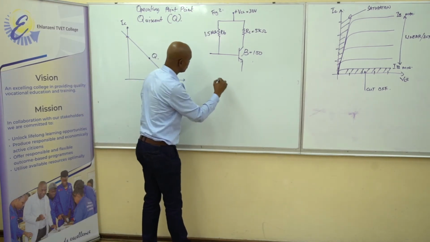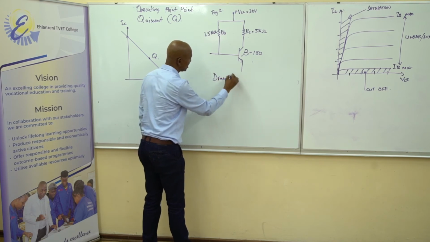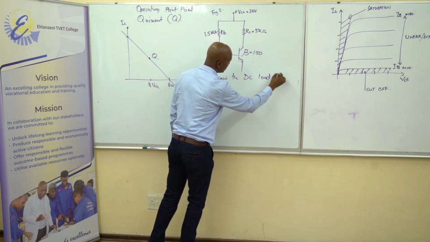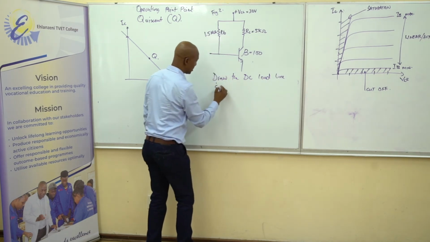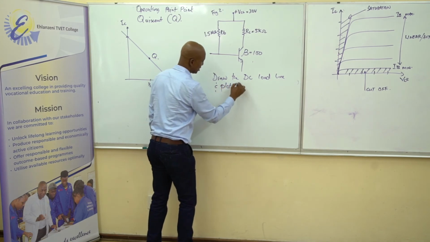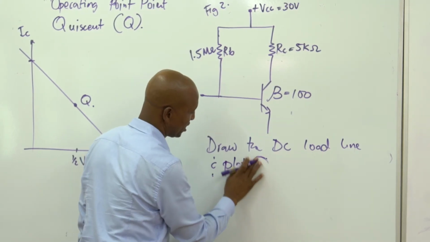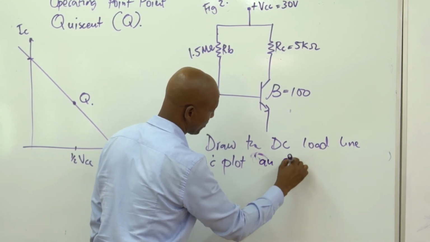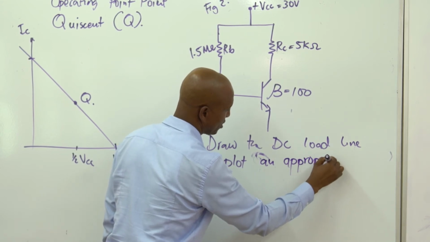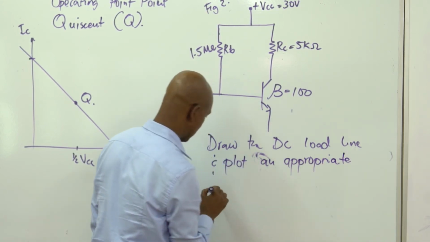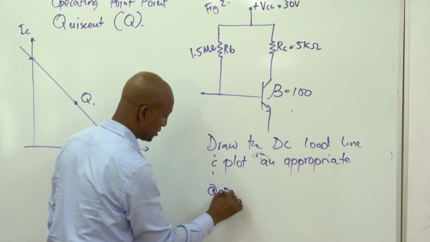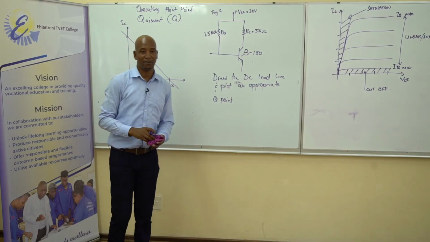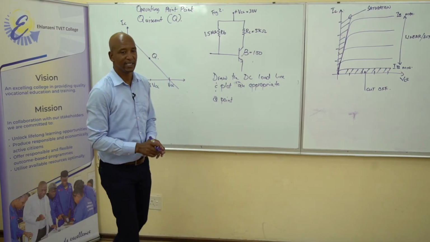It says, draw the DC load line for this circuit and plot an appropriate Q point with given values above.